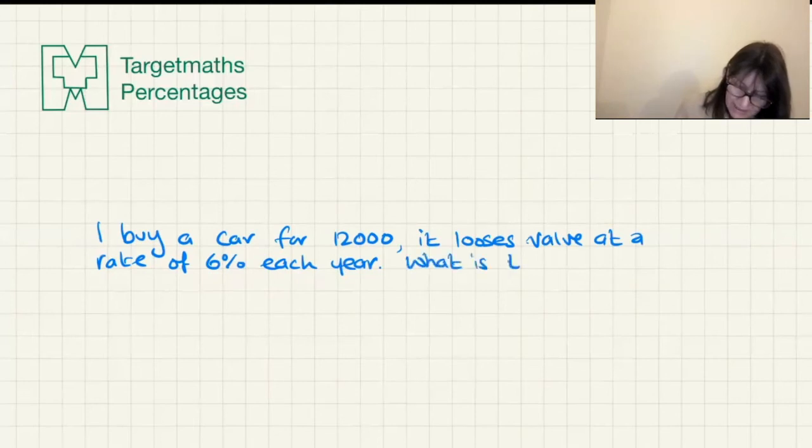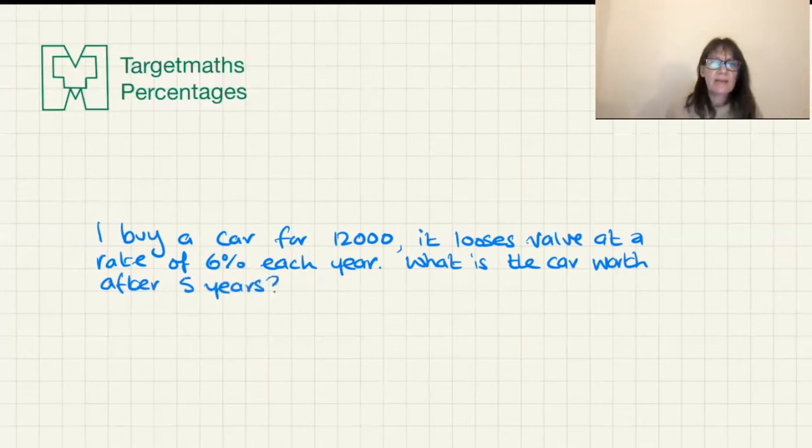What is the car worth after 5 years? Okay, so I buy a car for 12,000. It loses value at a rate of 6%. What's it going to be worth after 5 years? Hit pause and press play when you are ready to see if you've got it right.